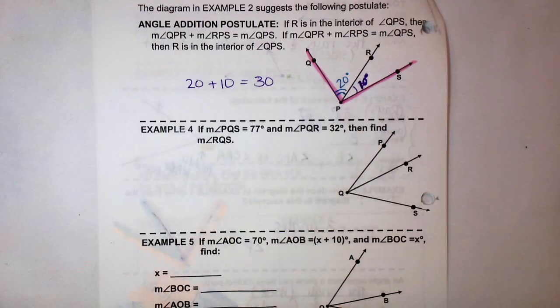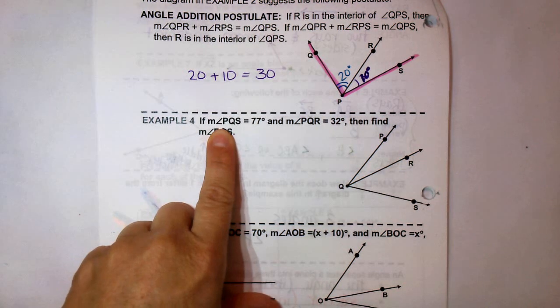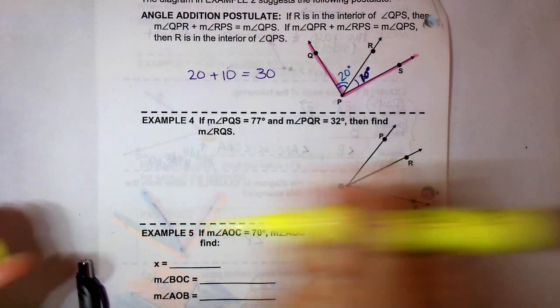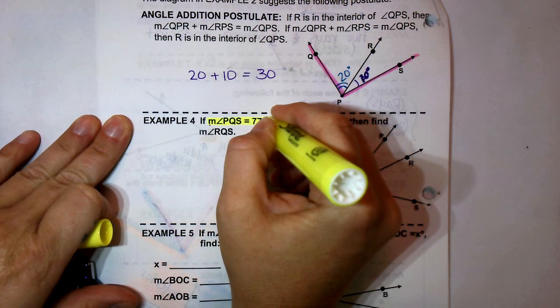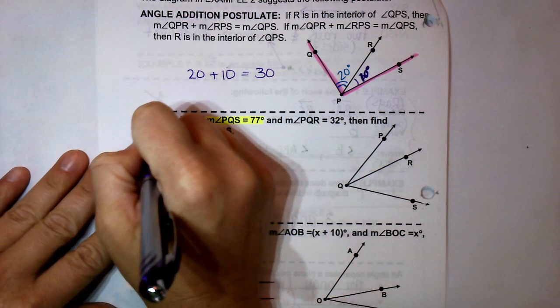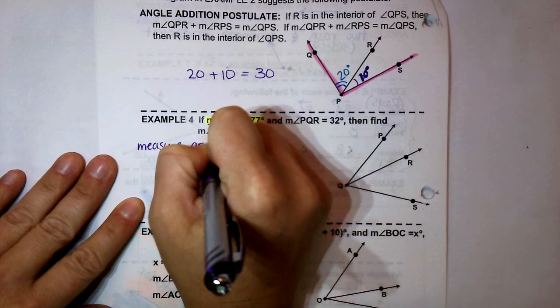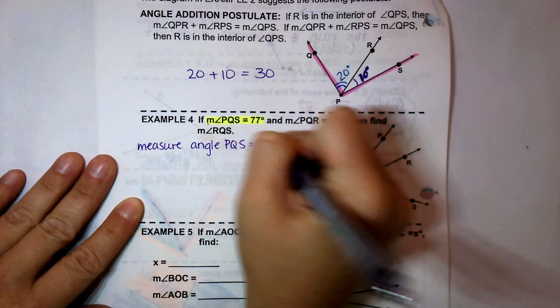Okay, so if I'm looking at example 4, let's keep it in mind. So trace your angles. This says the measure. I'm going to write it one time for you. It says M angle PQS. That means the measure of angle PQS equals 77.